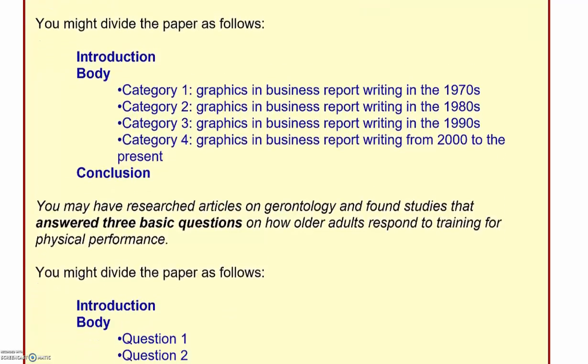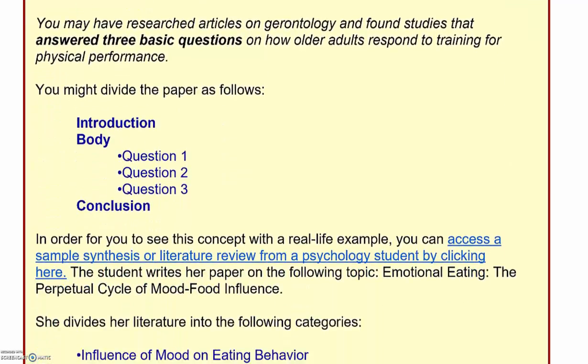Next example. You may have researched articles on gerontology and found studies that answered 3 basic questions on how older adults respond to training for physical performance. You might divide the paper as follows. Your introduction, your conclusion, and in the middle, the body would explore question 1 in one major section, explore question 2 in the next, and question 3 in the third major section.